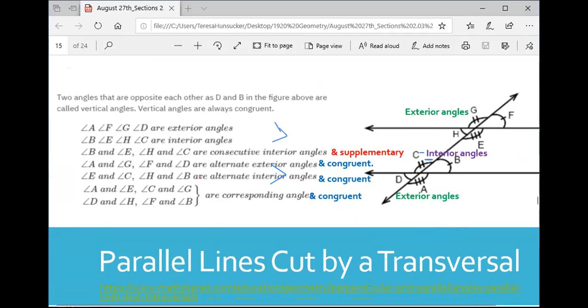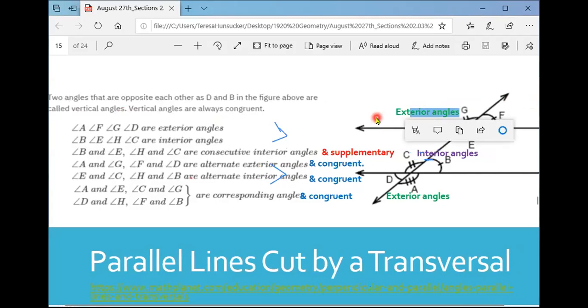So I'm right here. A, F, G, and D are vertical angles, okay? Or exterior angles. A, D, F, and G are called exterior angles. B, E, H, and C are interior angles.